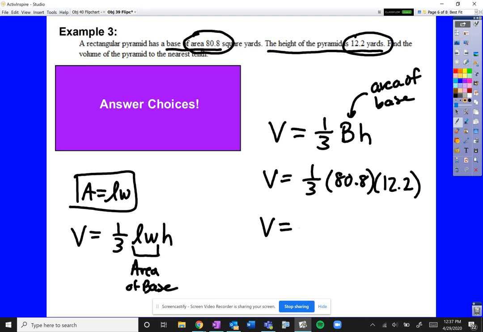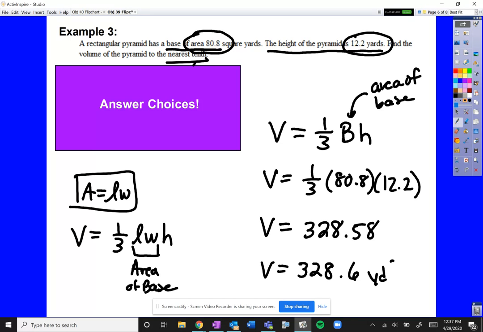So we have 1/3 times 80.8 times 12.2, which is 328.58, but it's asking us to round to the nearest tenth, so it's going to be 328.6 units cubed, because we are talking volume.